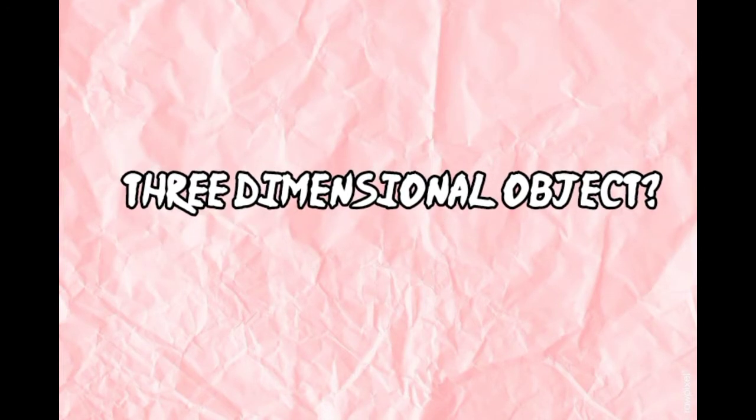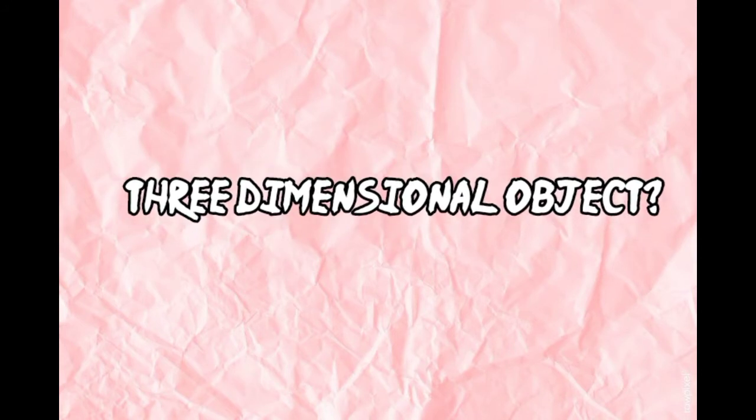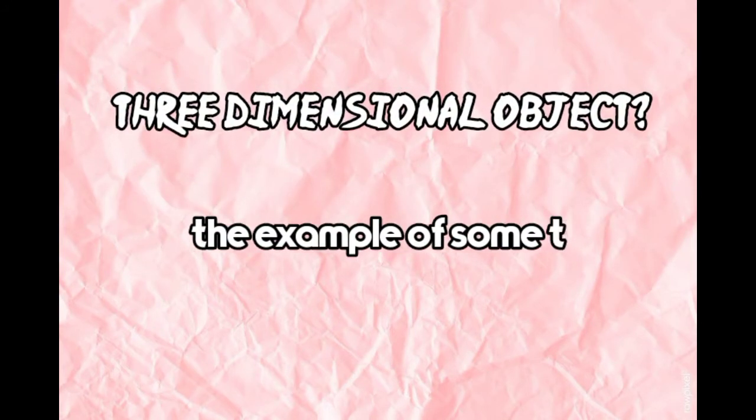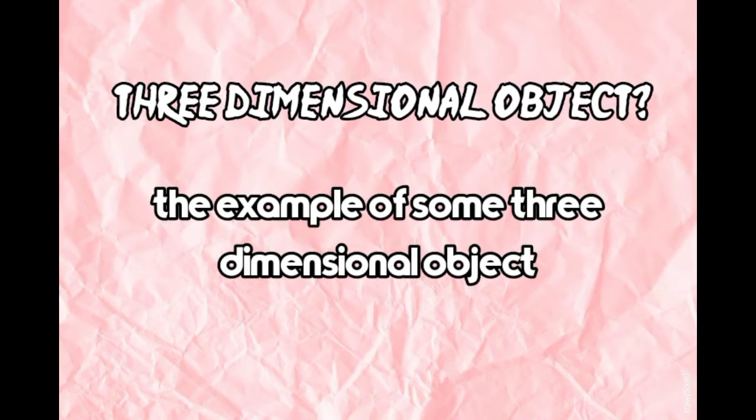The objects around you, the ones you can pick up, touch, and move around, are three-dimensional objects. Cube, cuboid, prism, pyramid, sphere, cone, and cylinder are some examples of three-dimensional objects.